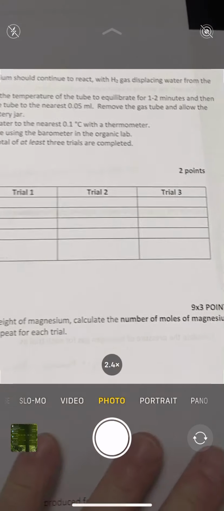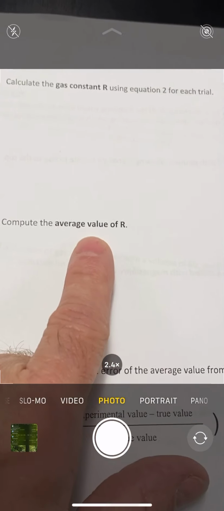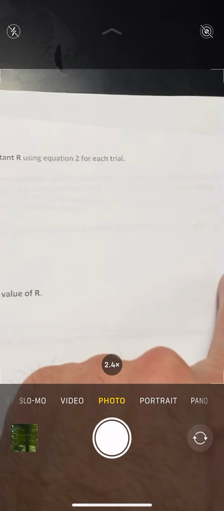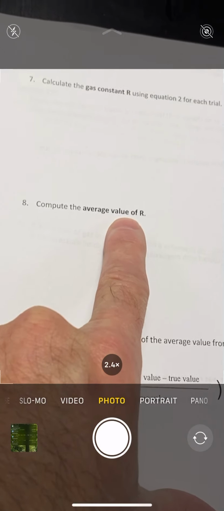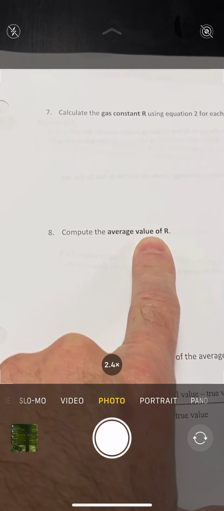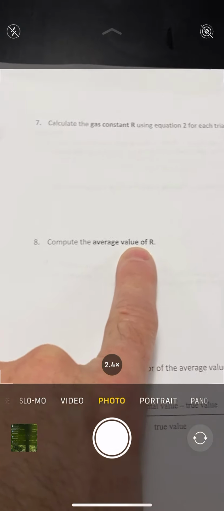Right? We just did trial 1. I think I told everyone in my class that when you calculate R, you have to do 3 calculations for R: trial 1, trial 2, trial 3. Take the 2 that are the closest and average them. So for calculation 8, average the 2 closest R values.